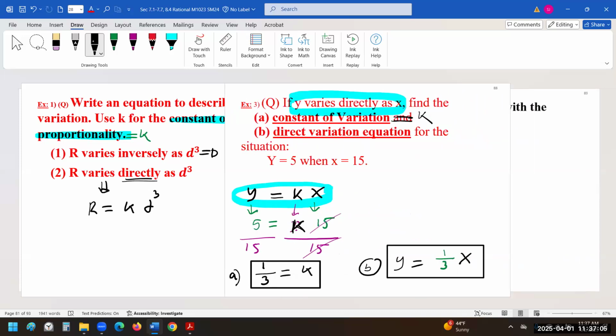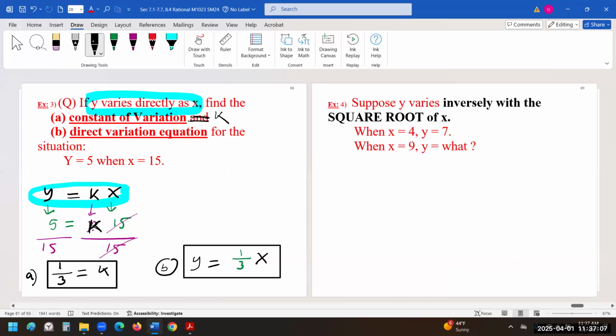Now let's see what they want us to find more. This time they're saying y is changing inversely with the square root of x. And when x is 4, y is 7, they know that somehow. But they would like to know, what if x is 9?